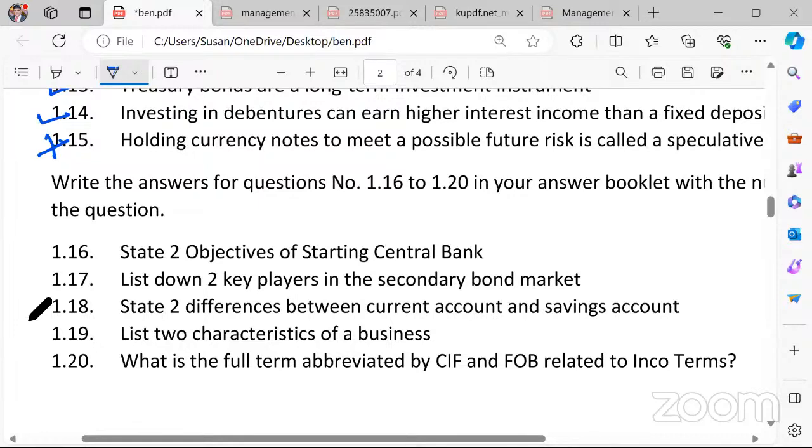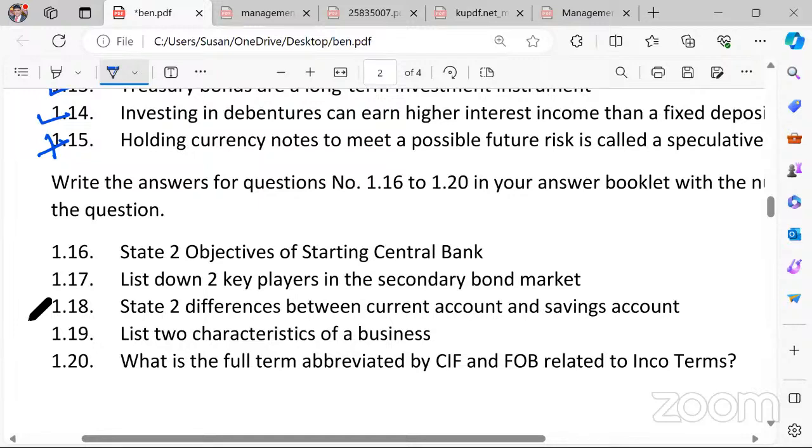There are only 2 objectives, right? Maintaining financial stability and maintaining economic stability.